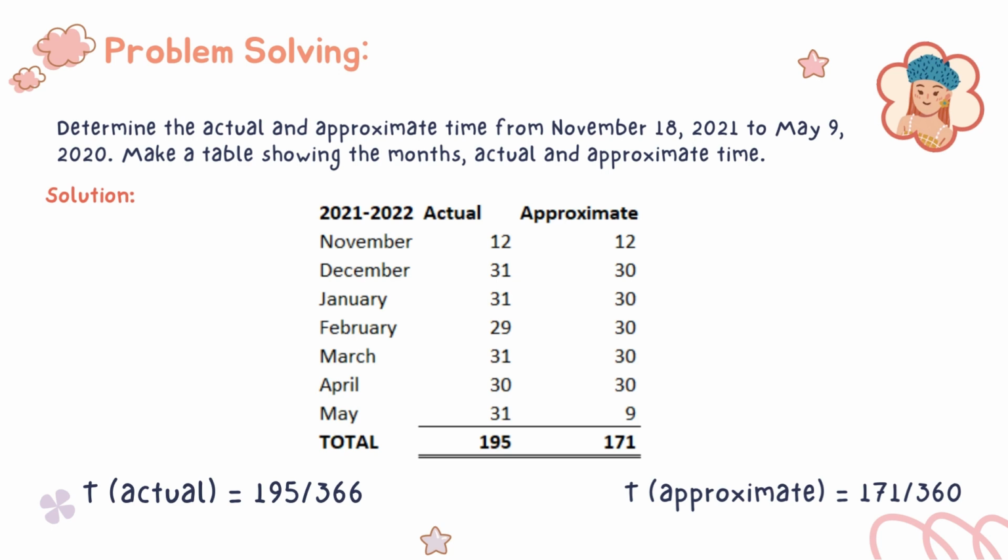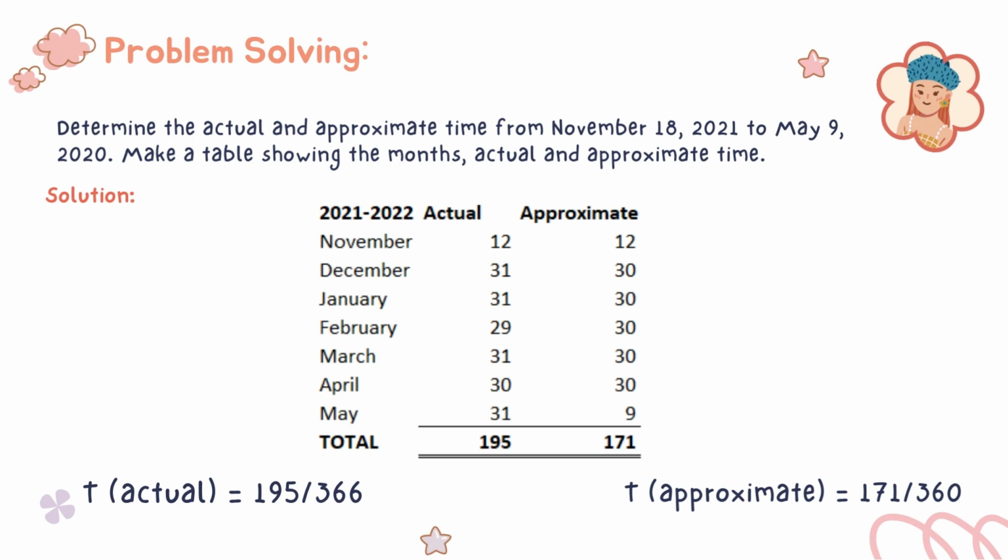Let's follow this. For the actual, exclude the first. In November, there are only 30 days, so 30 minus 18 is 12. For the approximate, it is the same in the first month, since November has only 30 days.